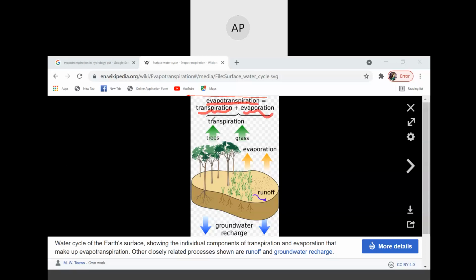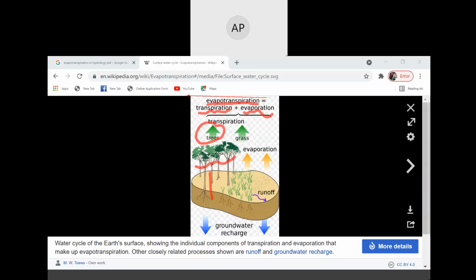So what is transpiration? Transpiration is the process of trees and green plants, together with evaporation, known as evapotranspiration.